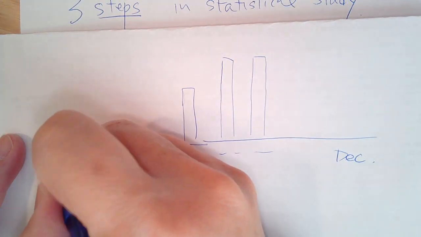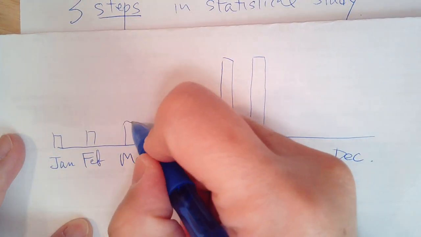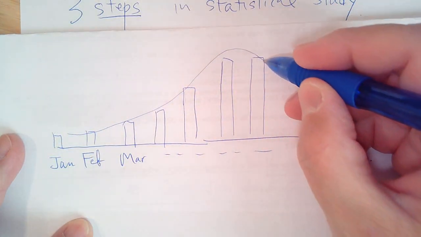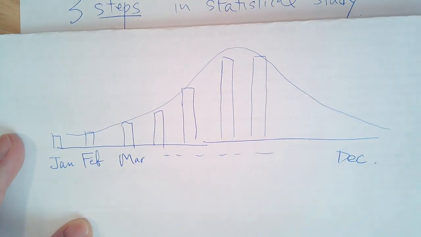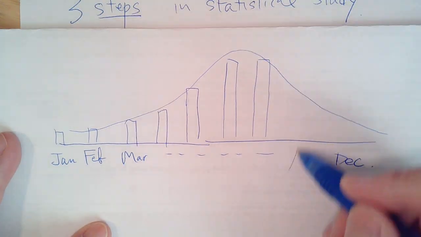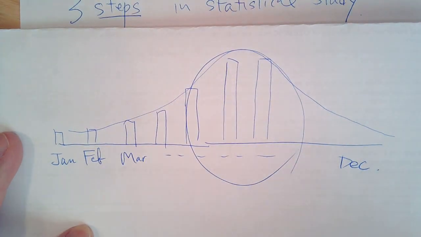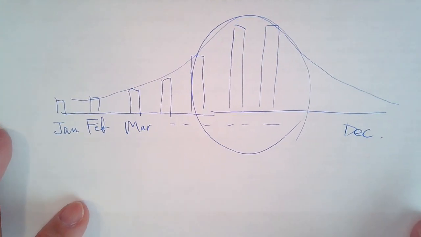But in wintertime, it's not that much. Once you draw a curve, you will probably see something like this. During summertime, more people buy ice cream, so the ice cream sales number is pretty high.